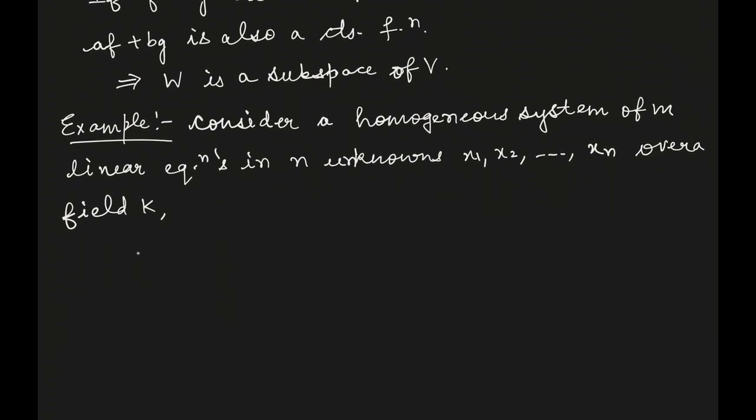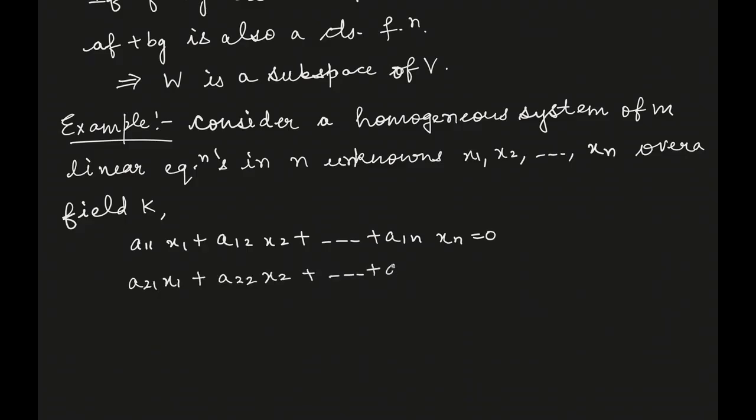Homogeneous system can be written as a11x1 plus a12x2 so on till a1n xn equal to 0, a21x1 plus a22x2 so on till a2n xn equal to 0.